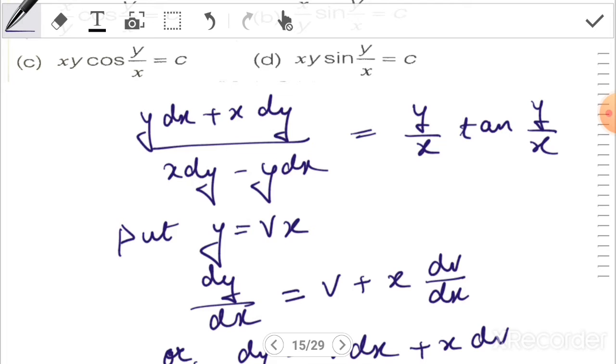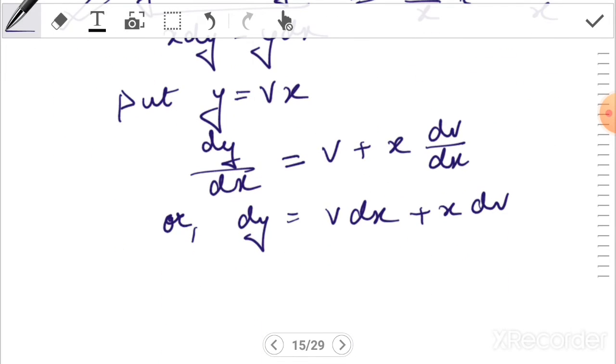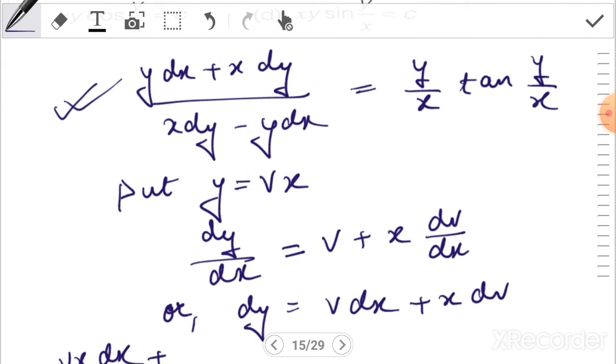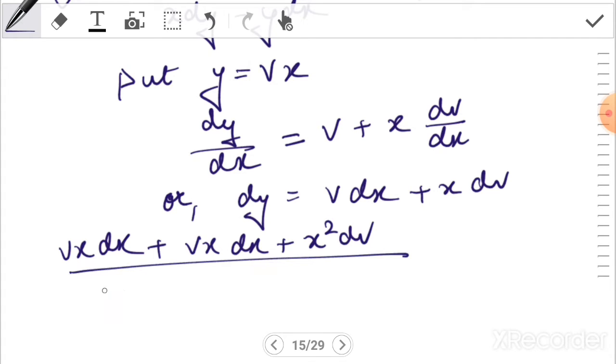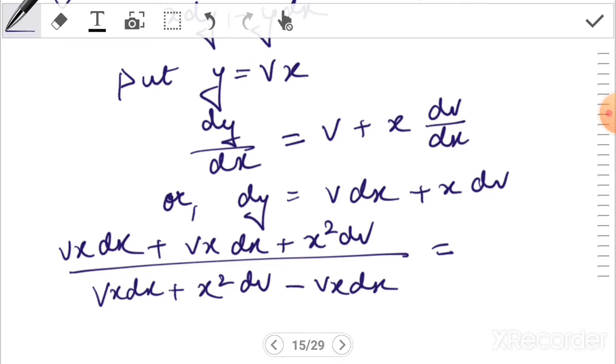Now putting y is equal to vx in this equation, vx dx plus x dy. So dy is v dx plus x dv. So (vx dx plus x square dv) by (vx dx plus x square dv minus vx dx) is equal to v tan v.